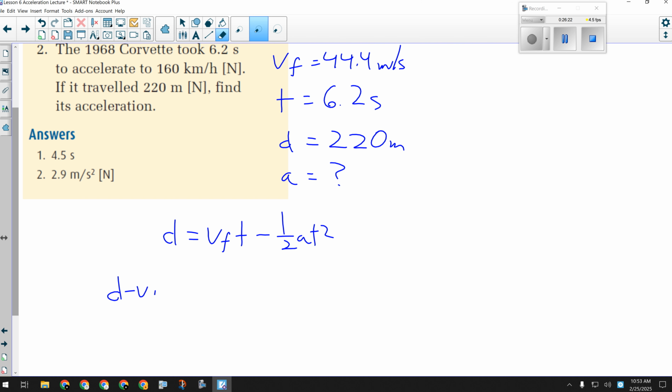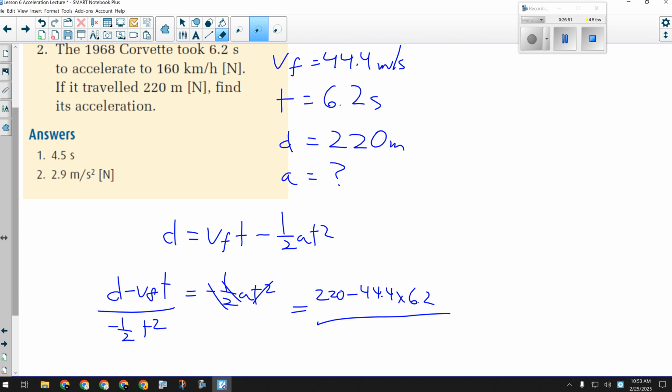So I'd have D minus VF times T equals negative 1/2 AT squared, and then I would bring the negative 1/2 and T squared over to this side, so I'm solving for A. Plugging in my numbers here, 220 meters minus 44.4 times 6.2, and then divide that by negative 1/2 times T squared, which was 6.2 squared.